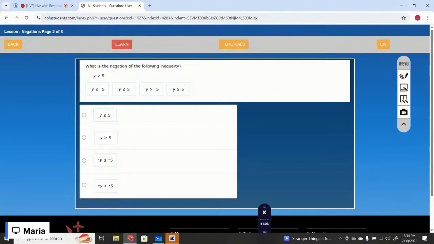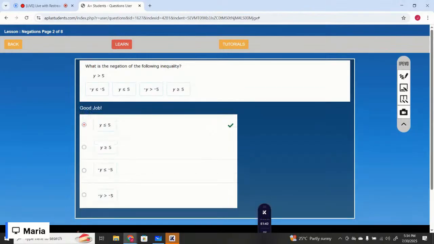Y is greater than 5. So the negation is y is less than or equal to 5. Option number 1 is the correct option.